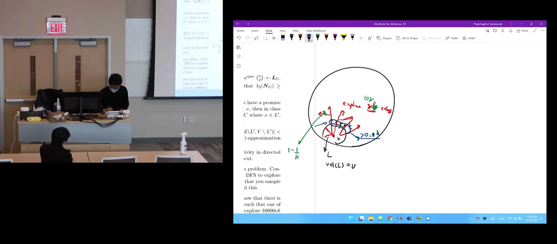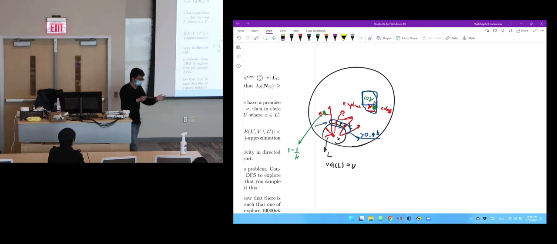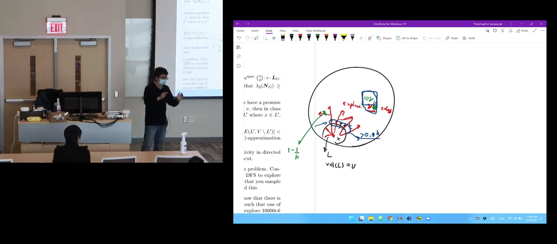So the point is, try to explore less than new k. Once you explore less than new k, but only maybe nu over epsilon, then only a 1 minus epsilon fraction of the time that you sample, you'll be outside.